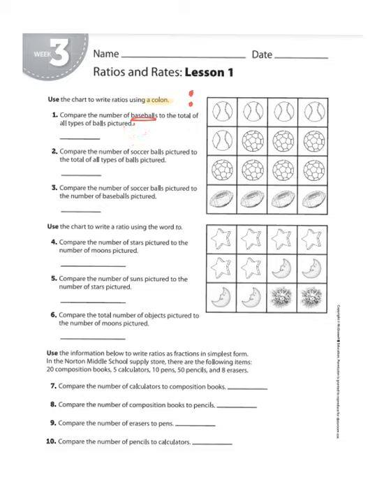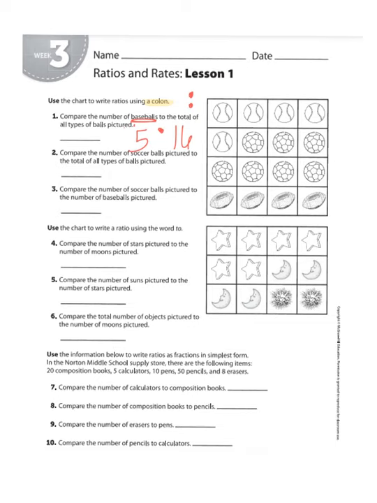So that would be 5 colon, and of course my colons don't really look like colons because of my pen. There, that looks better. 5 to 16 would be your ratio there.